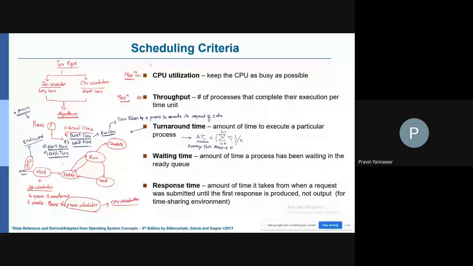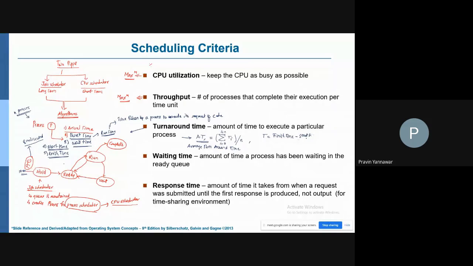So this is the amount of time to execute a particular process, that is turnaround time. And if you wish to calculate the turnaround time, it is finish time minus start time.